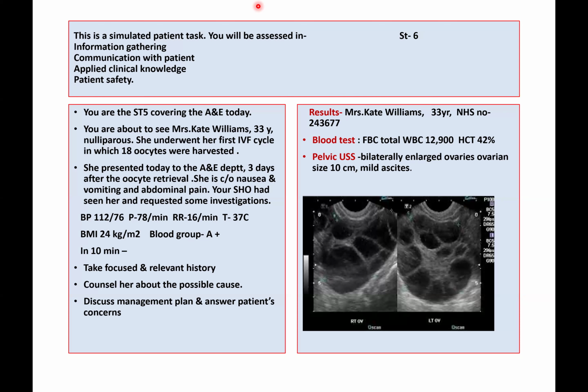So the woman may have tummy pain and shortness of breath. Am I clear so far? Yes. And Kate, if we do not treat it in time, it can be a life-threatening condition because the blood has become concentrated, so there is a risk of blood clot formation in the legs and lungs. Am I clear so far?